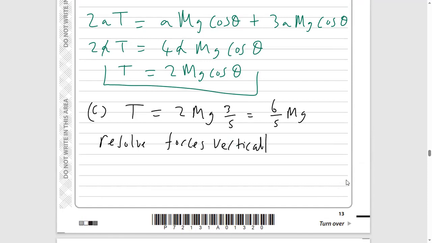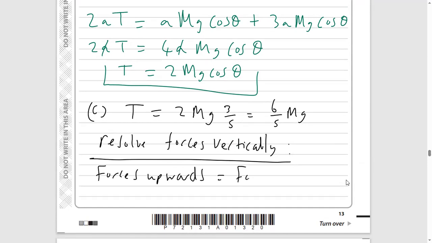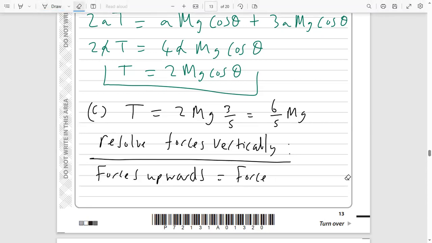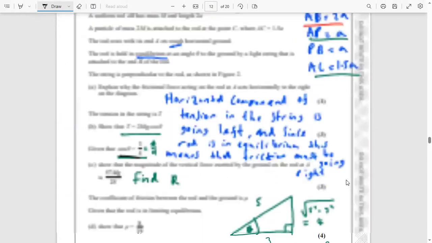The rod's in equilibrium. So forces going upwards equals forces going downwards. Sorry, I spelled that wrong.